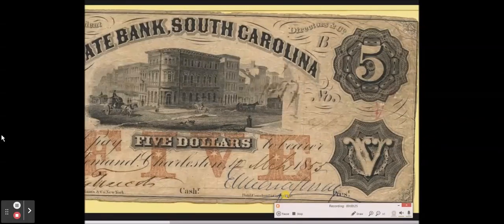And it seems that there's actually a small group of printers out there doing the lithographs for these banknotes, which does indicate, and I'm not saying there's a central authority for banking at this time, that at least there are certain printing houses that are printing banknotes. One that shows up a lot is the American Banknote Company. Anyway, I'll try to touch on more of this information in a moment.